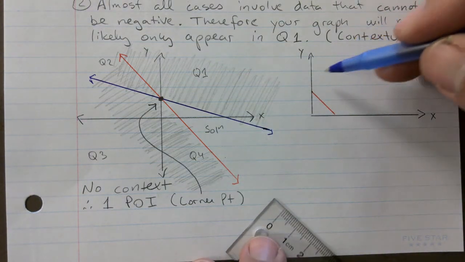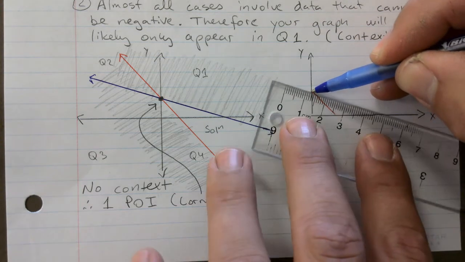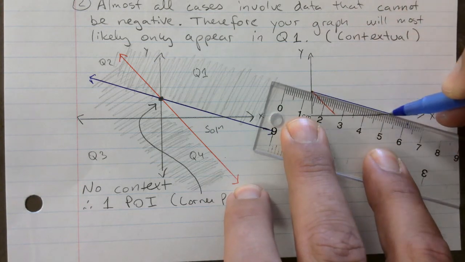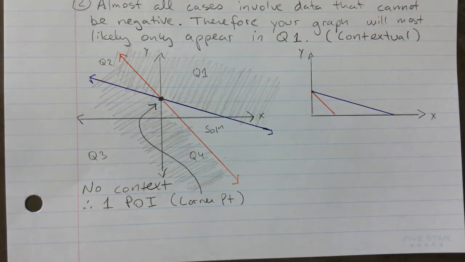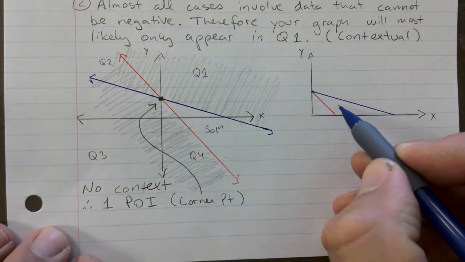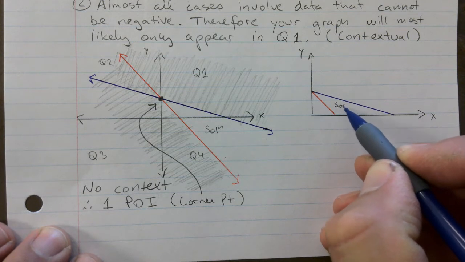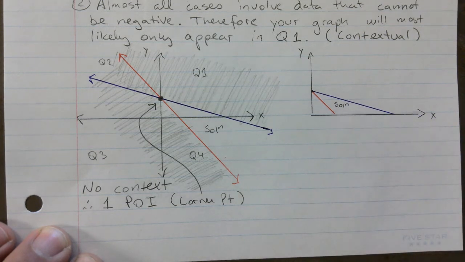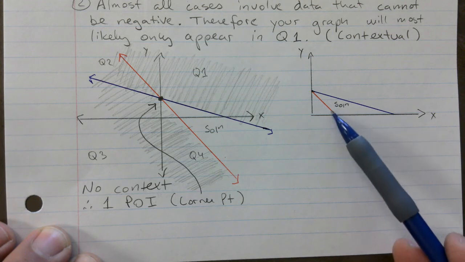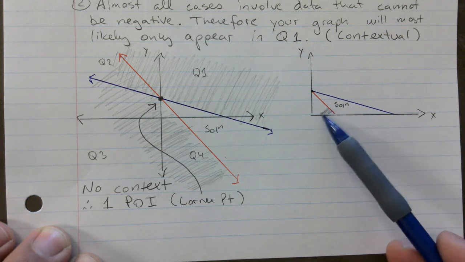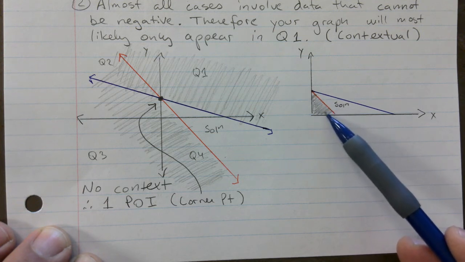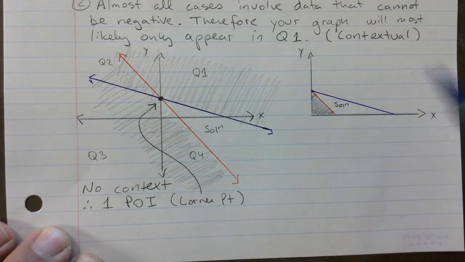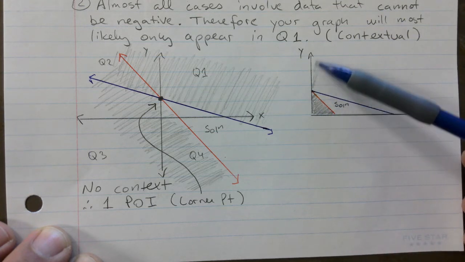And the blue ended up like this. My solution is here. And let's shade in this part right here, this little triangle. And we shade in everything above that.